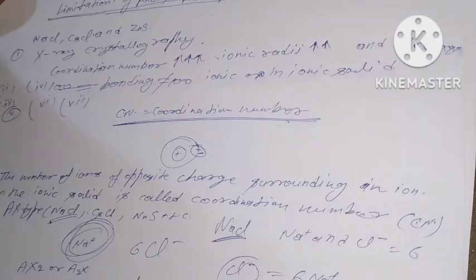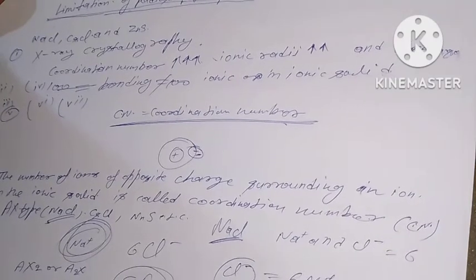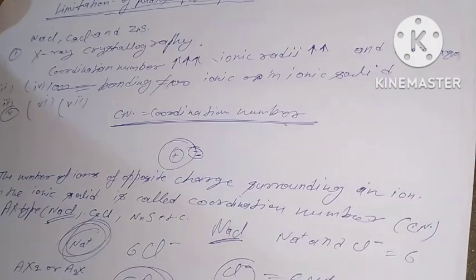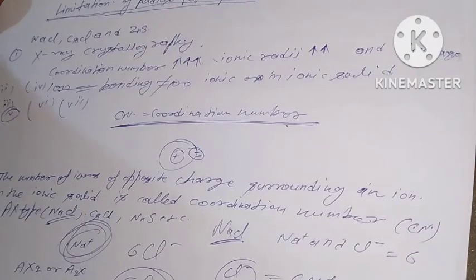In CaF2, the number of fluorine negative ions is twice that of calcium positive ions. From X-ray study, it is clear that the coordination numbers of calcium positive ions and fluorine negative ions are 8 and 4 respectively.